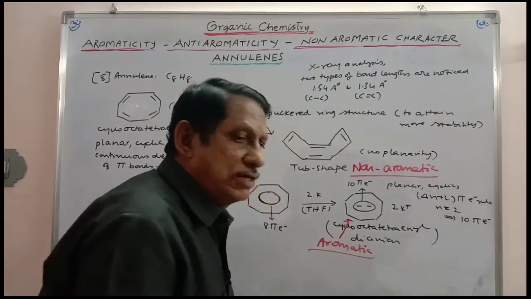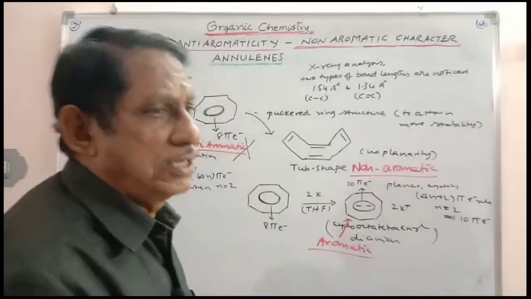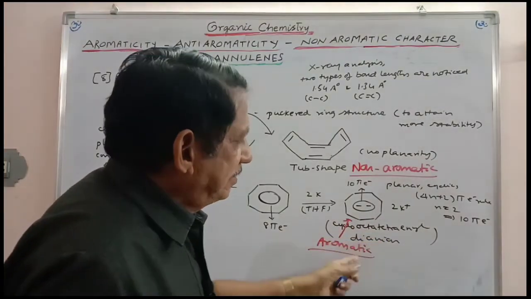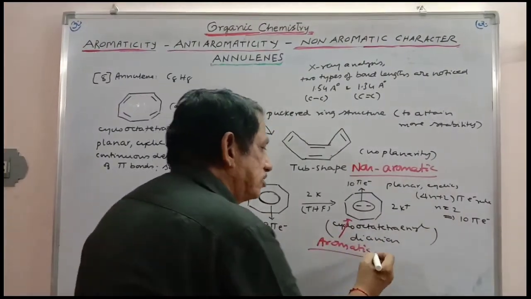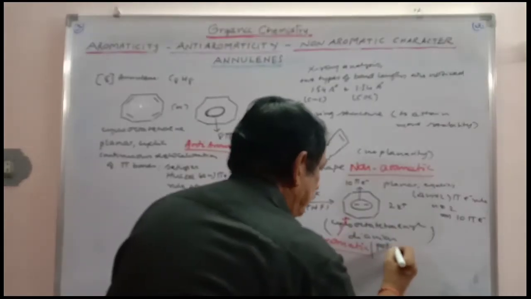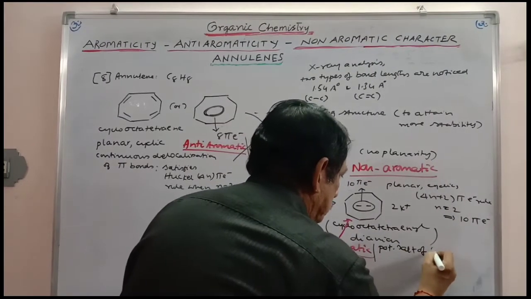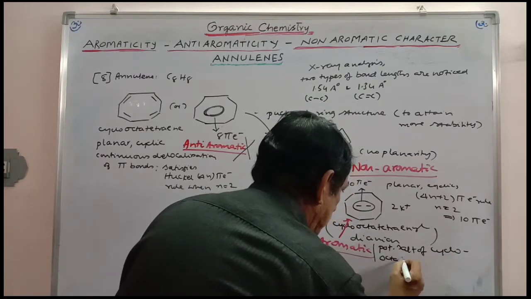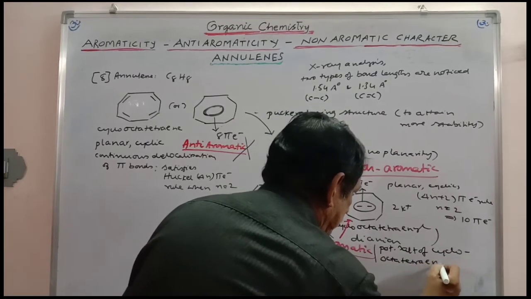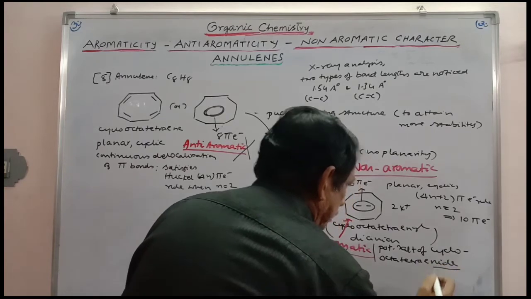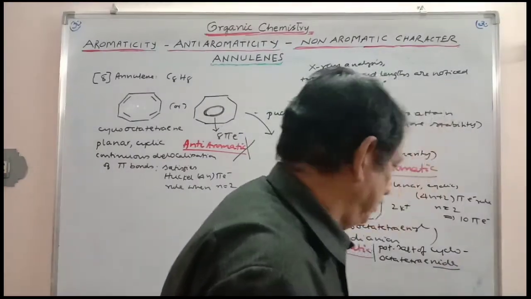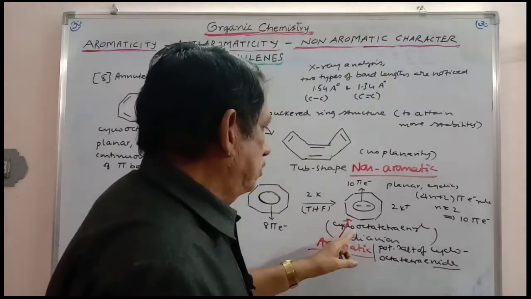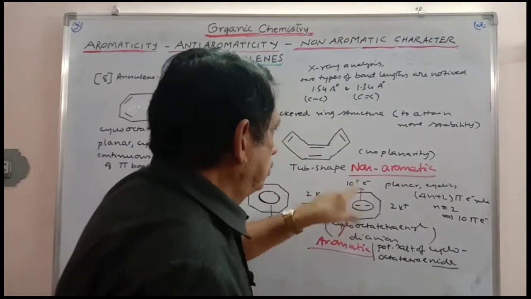So it is converted into stable compound. It is able to give the salt, potassium salt of cyclooctatetraenide. When you get the IDE as suffix, it indicates the anion character. So this is potassium salt of cyclooctatetraenide, and this is cyclooctatetraenide dianion, which is aromatic.